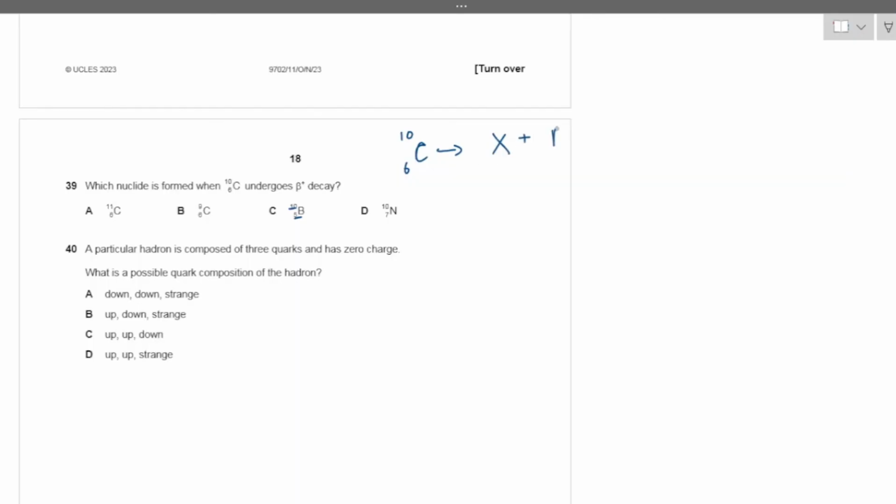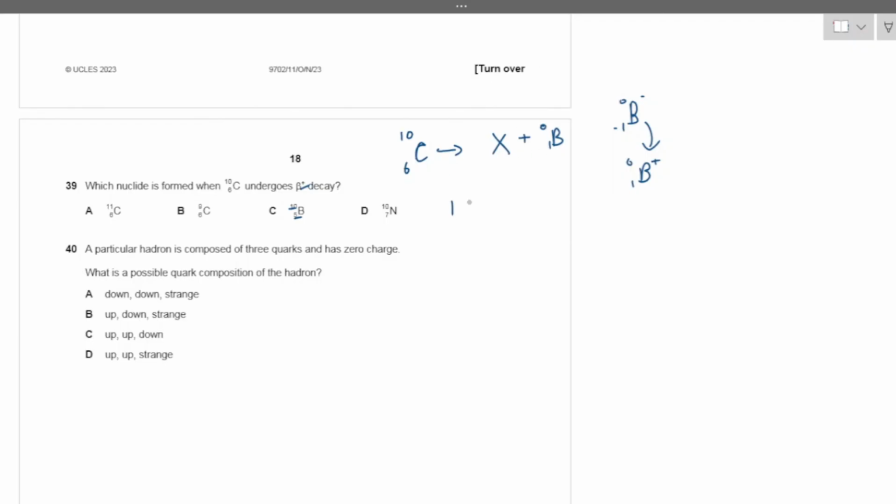X plus a positron. The positron has no nucleons at all, but it's beta positive, so the charge is +1, with 0 on top. It is the anti-particle of beta negative. If beta negative is 0, minus 1, then the anti-particle will be beta positive, 0, plus 1. That's a good way to remember them.